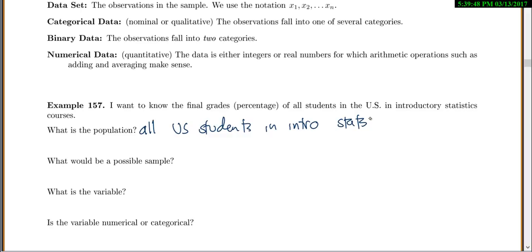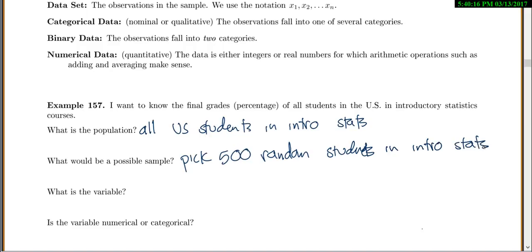Okay, well you talk to all of them, and when you're done, let me know. You do this based on how much money you have. But let's say for this study I have enough for 500. So let's pick 500 random students in intro stats.